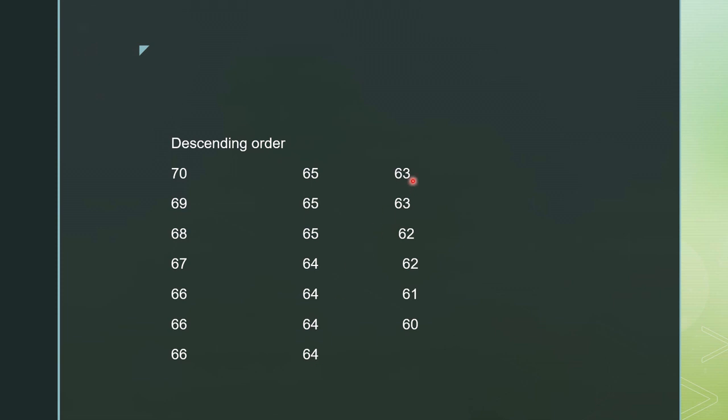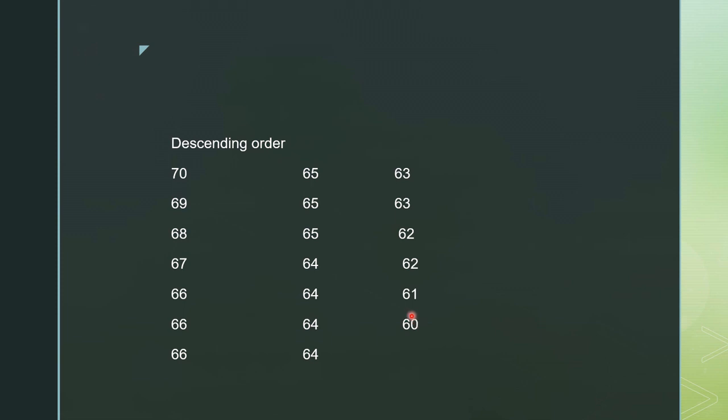Then 63 is repeated 2 times in this array, then 62, 62, 61, 60, 60. So like this, first we got this descending order array: 70, 69, 68, 67, 66, 66, 66, 65, 65, 65, 64, 64, 64, 64, 63, 63, 62, 62, 61 and 60.